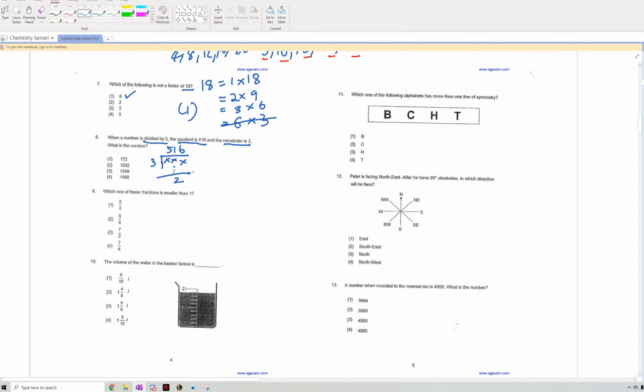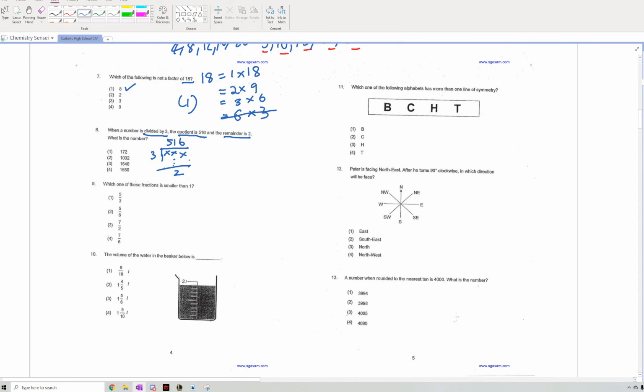Let us work the reverse step. A number is divided by 3. The reverse step is multiplying by 3. So we have 516 multiplied by 3.